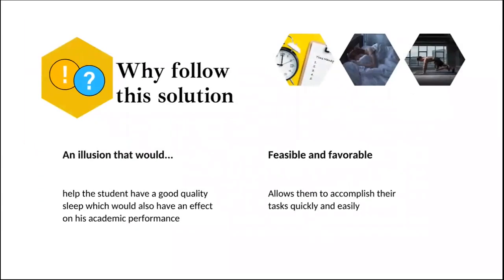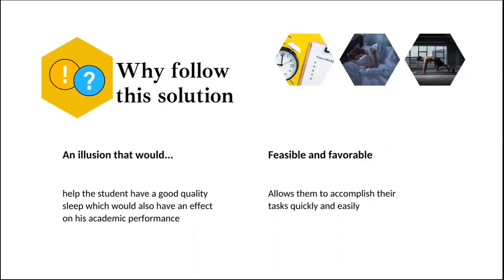Now, following the solutions that were stated would allow the body to create an illusion that would help the student have a good quality sleep daily, which would also have an effect on the academic performance that he will be showing. The following consequences, which were stated in the background research, would not be taking any effect because the student would not be lacking any sleep.